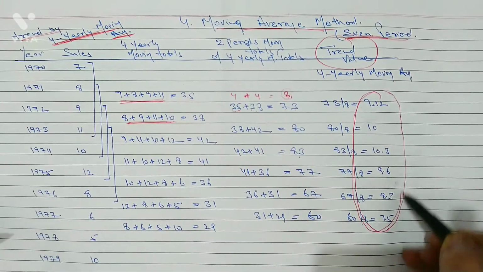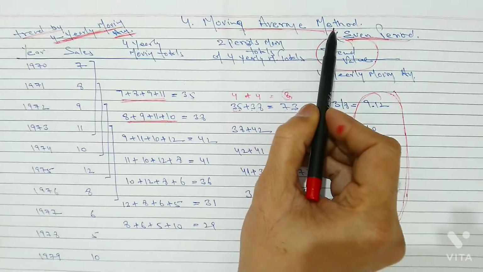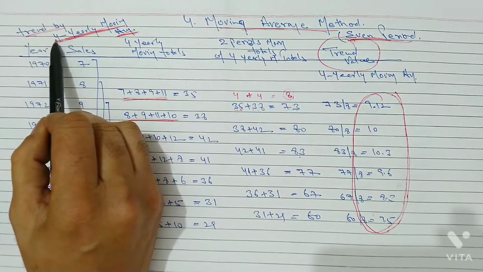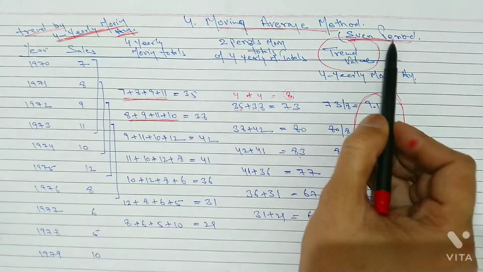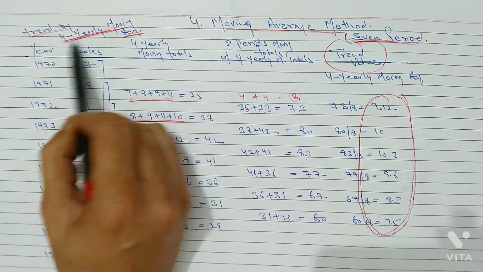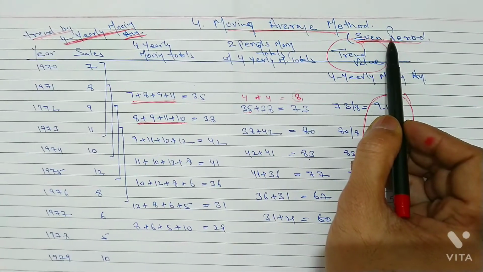These are trend values by using the moving average method for the 4 yearly moving average. Means even period of time. 4 yearly, 6 yearly, 8 yearly are examples of even period of time.